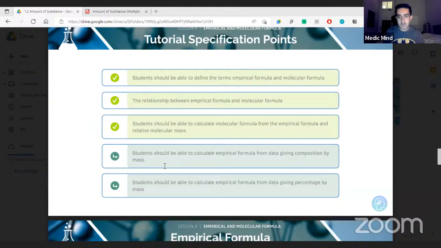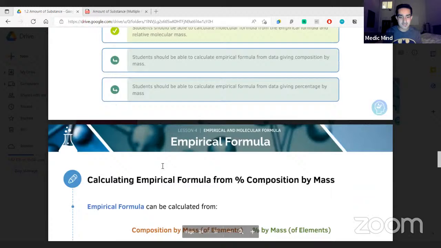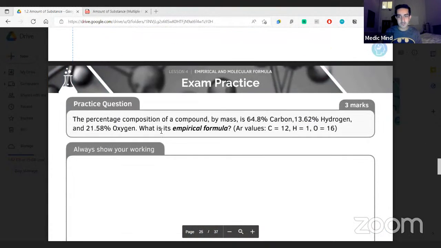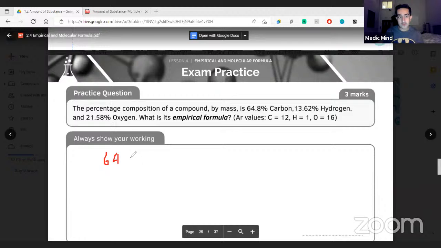Students should also be able to calculate empirical formulae from data giving composition by mass. This is slightly more difficult. The way to do this is that you want to find the ratio of these elements, but you want to get rid of the bit that says the mass is actually changing this.